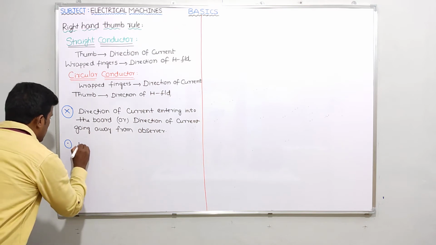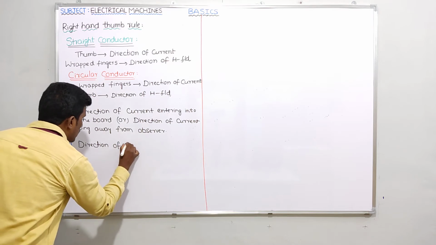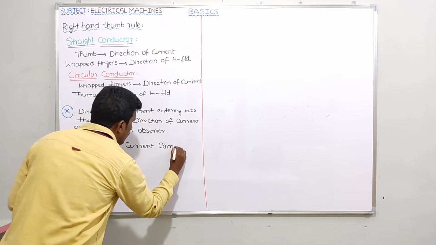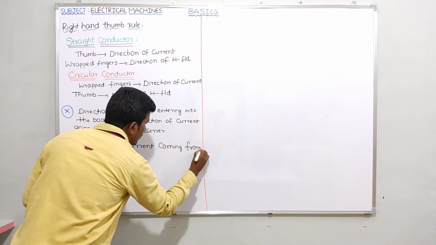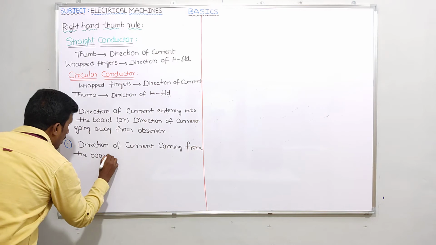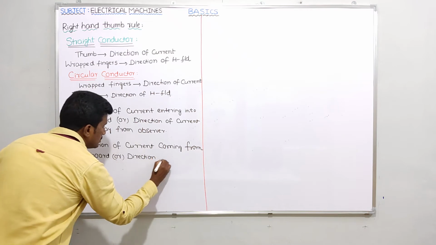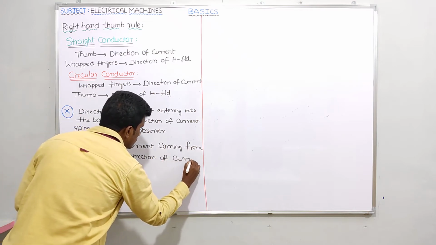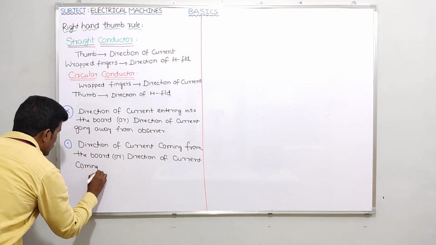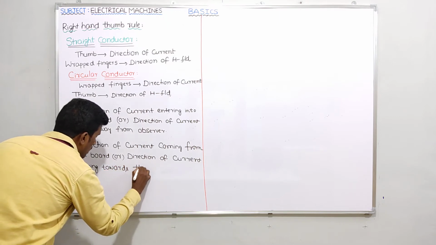So let me write here: direction of current coming from the board, or direction of current coming towards the observer.